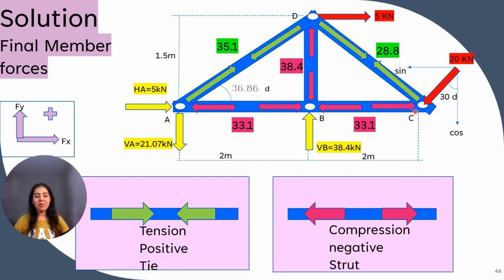If you want to verify if these member forces are correct or not, then take the remaining joint, joint D, and solve it for equilibrium equations and see if the joint D satisfies them or not. That is, summation Fy should be equal to 0 and summation of Fx should be equal to 0. In this way, you can verify the answers.